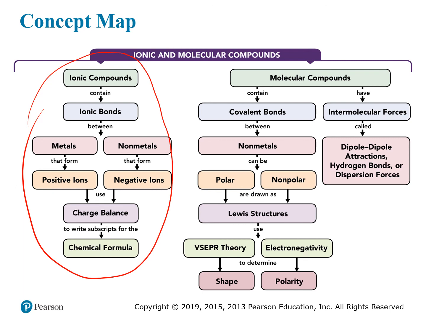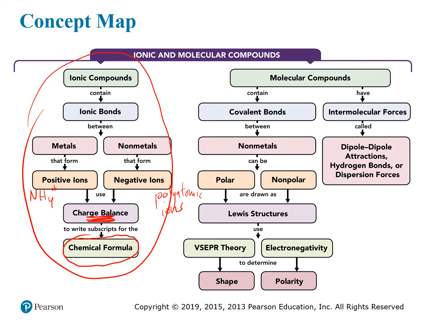Along with positive ions, you also have ammonium. All right, and along with the negative ions, you have a whole list of a bunch of polyatomic ions, right? Those positive and negative ions will come together to balance their charge to form a neutral compound, and that helps you to write the chemical formula and the chemical name for the compound. So all this stuff are things that you need to remember for ionic compounds.